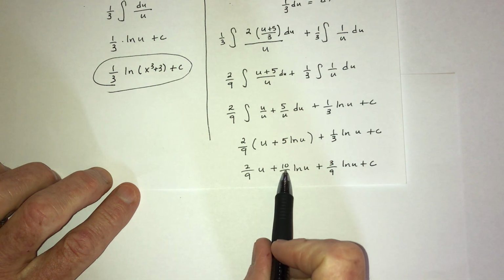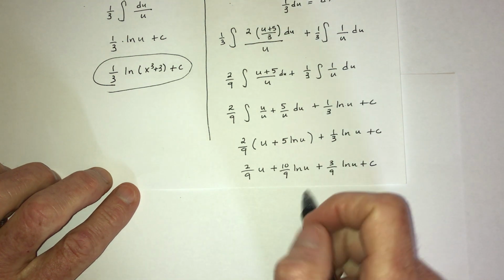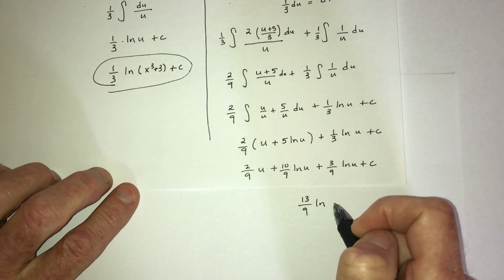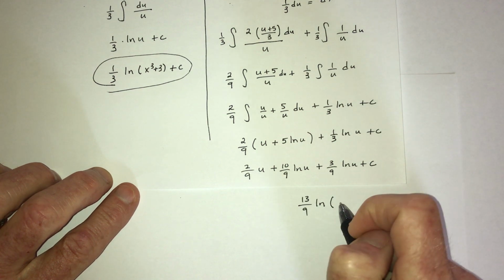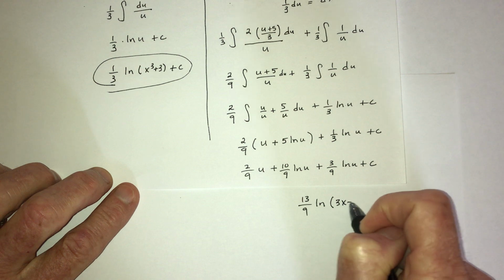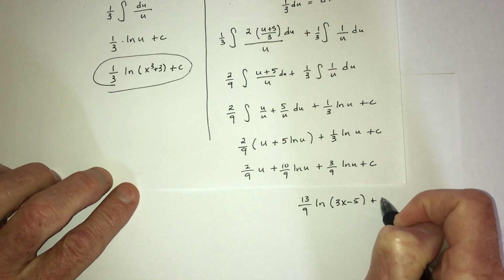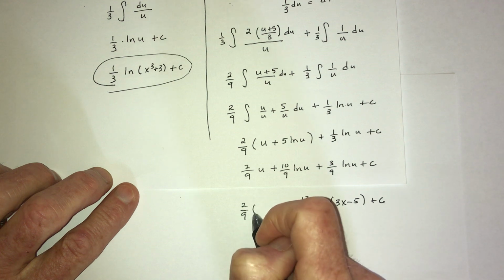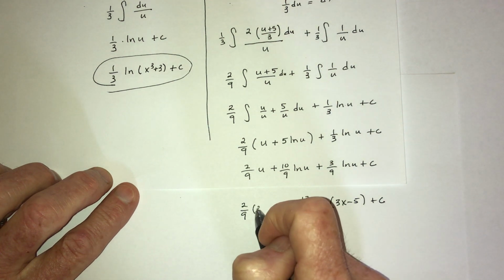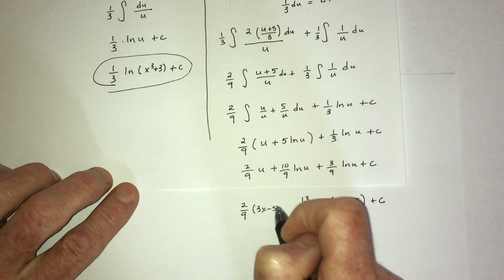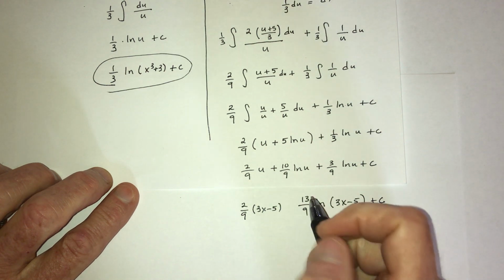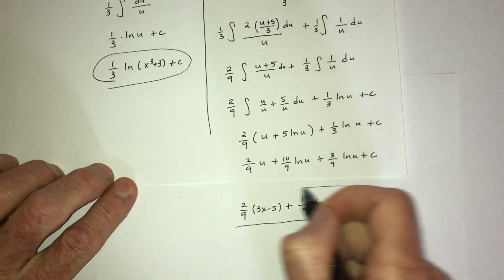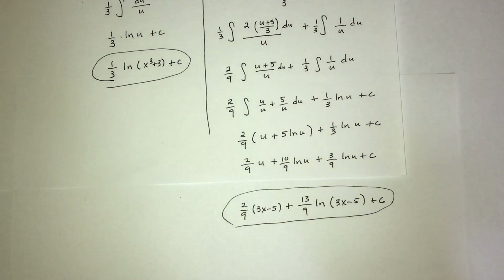So in total, this is going to be 13/9 natural log of u, and now we can replace the u with 3x minus 5. And this part will be 2/9, and replace the u with 3x minus 5. And then there's a plus sign in between. That one was pretty fun. I like that.